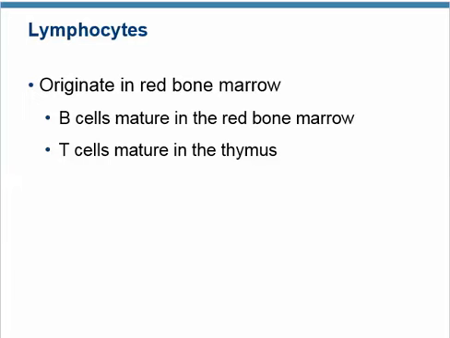The lymphocytes that will become B lymphocytes mature in the bone marrow, and they get their receptors to their specific target while they're still in the bone marrow. The T lymphocytes, however, migrate to the thymus, and this is where they become immunocompetent. This is where they mature and become useful.